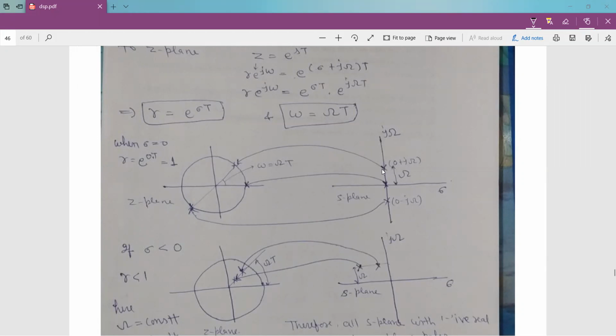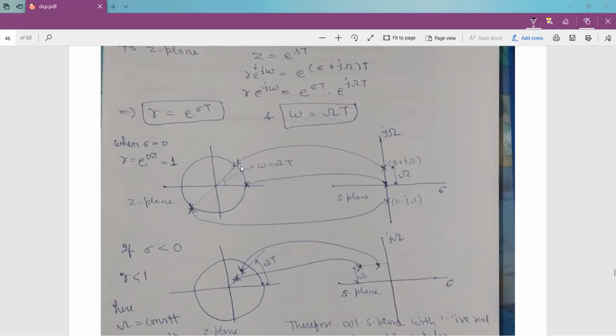If a pole is considered on the j omega axis, represented by 0 plus j capital omega, where sigma is 0 and j omega is its imaginary part, then it will be mapped on the z plane at a point with r equal to 1, which means a point that lies on the unit circle at an angle small omega, satisfying this relationship, that is capital omega T, because capital omega is the imaginary part here.